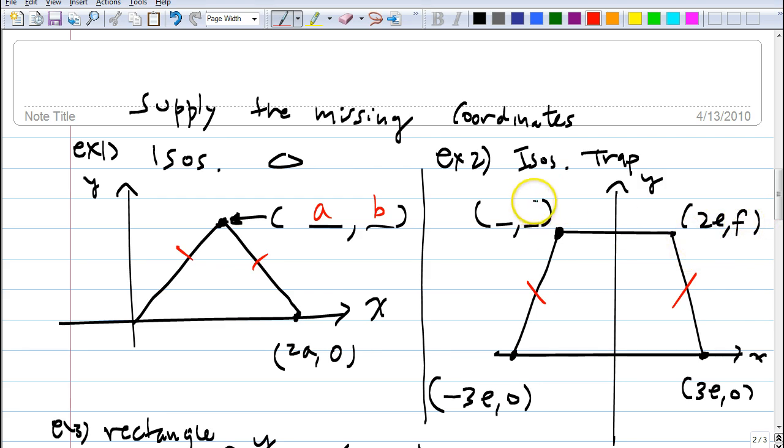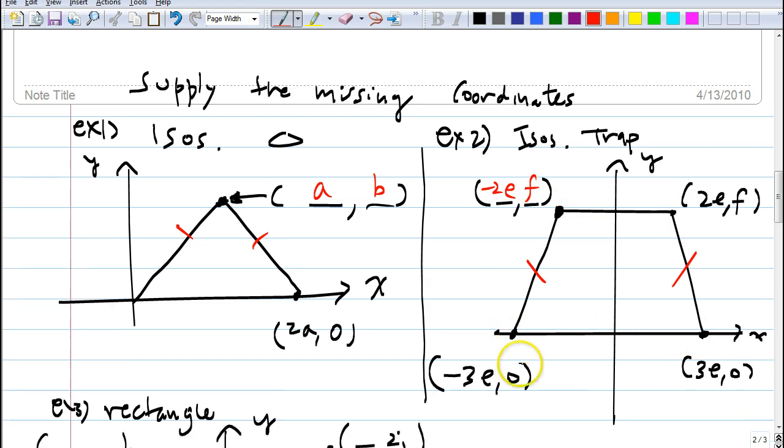It's got to be F. What about the x-coordinate? If it's an isosceles trapezoid, and this down here is negative 3e, 0 and 3e, 0, this has got to be negative 2e. It's symmetrical, right? The distance from here to here is 2e, so it's got to be 2e on the other side, because here is 3e and here is negative 3e.